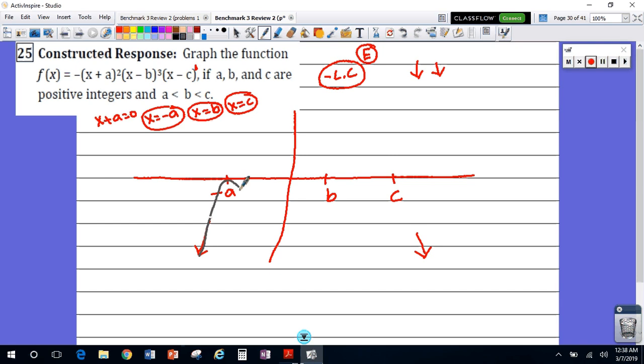But at x equals b, it is flat and goes through. And at x equals c, it is going through. So it comes down and goes through. Yeah, that's your answer.